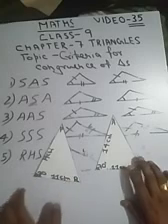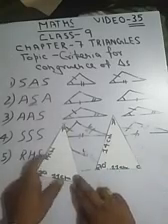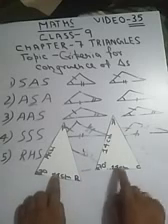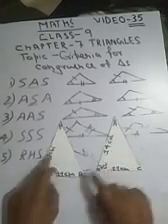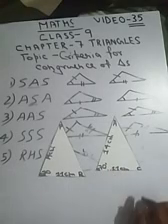This is one triangle. Let's take out the other triangle. I have taken the two triangles in such a way that their two sides are equal. One is 11, this is also 11, this is 14, this is 14, and the angle between them is also the same. I have taken 70 degree here.